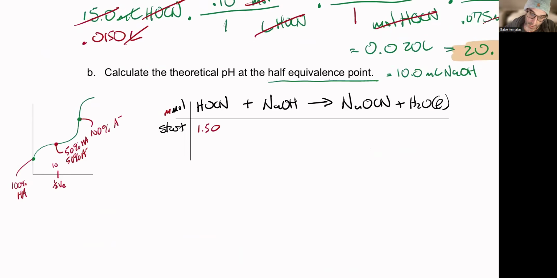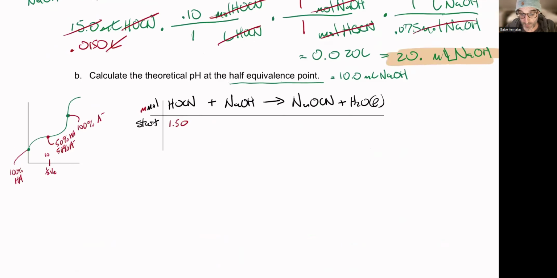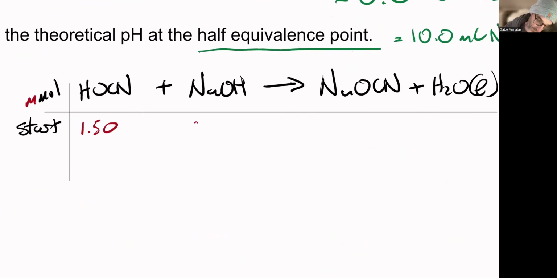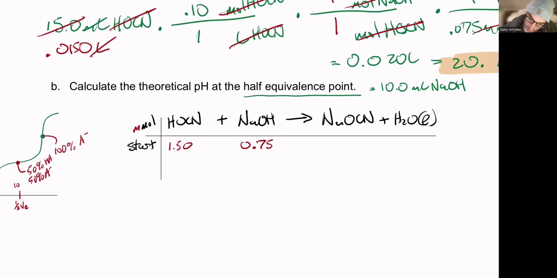If this were the equivalence point, I would have added an equal amount of base, but we're not there. We're at the 1/2 equivalence point, so I am adding 0.75. I'm adding half of the acid that I start with. So that's what I'm going to start with. We're going to let it run, but that's the idea. I don't have any NaOCN at this point, and I don't really care about the water, so I don't need to worry about that.